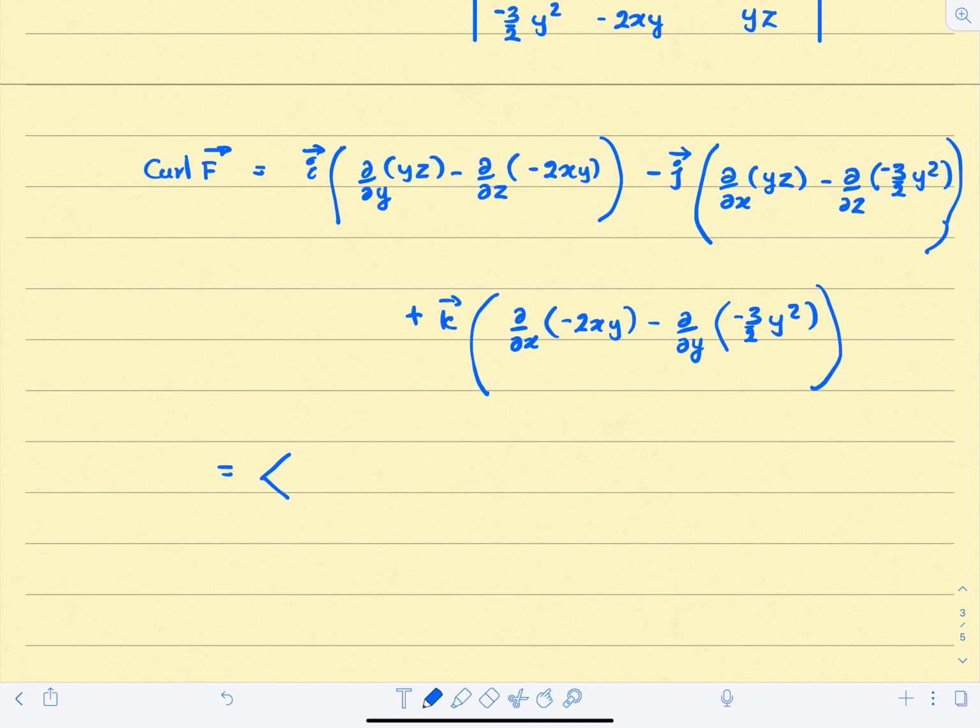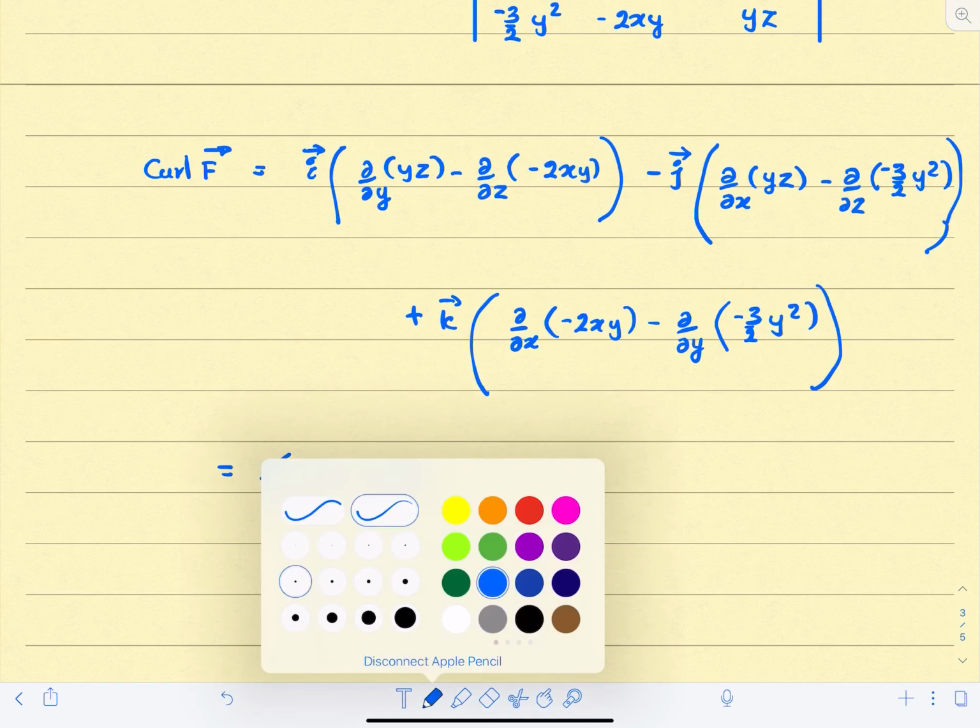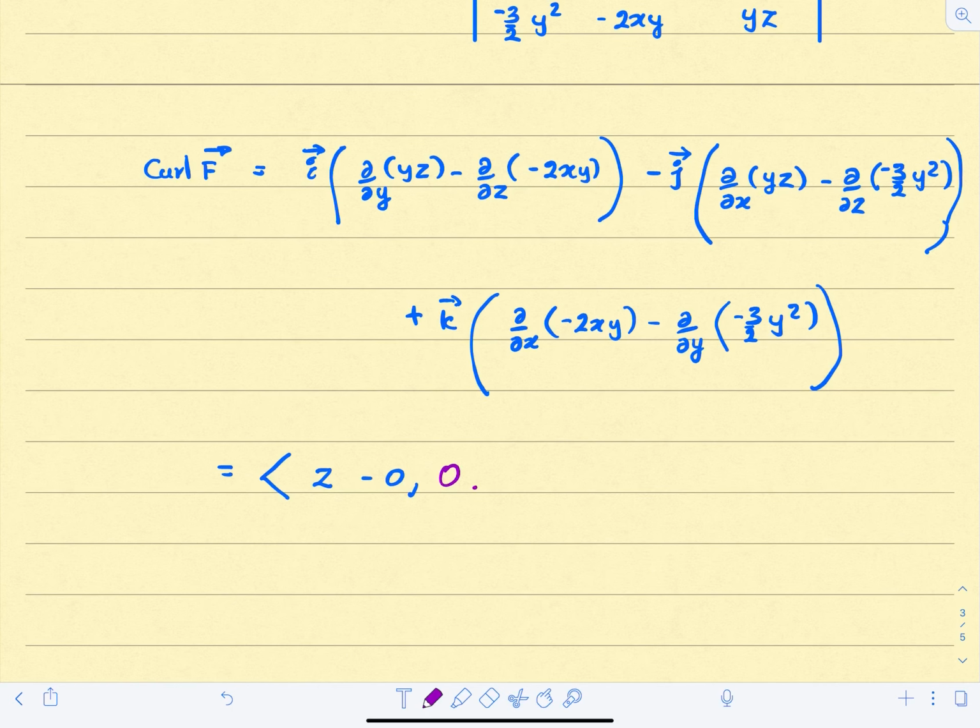Then you should get z minus 0. The derivative of negative 2xy with respect to the z variable should be 0. And if you think about these two partial derivatives, you should get 0 as well. We can treat the product yz as a constant with respect to the x variable. We do the same thing for this one. So the second component is 0.